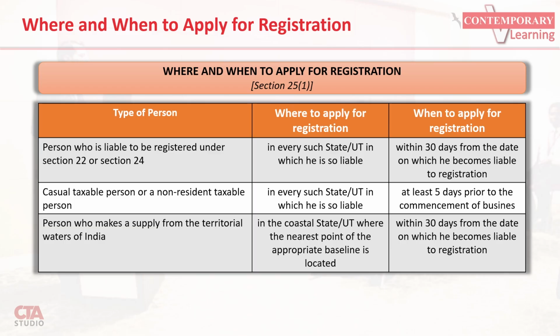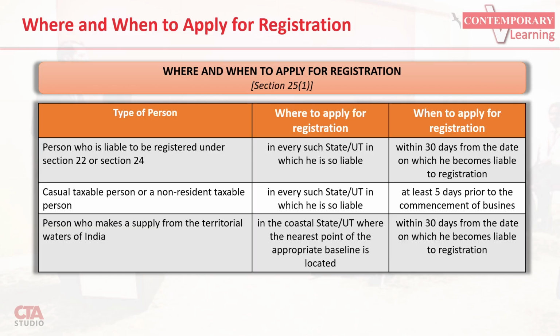For casual taxable person or non-resident taxable person, you must apply in every state/UT where you are liable to register, but you must do so at least 5 days prior to the commencement of business. This advance requirement ensures that these special categories of taxpayers are registered before they start their operations.